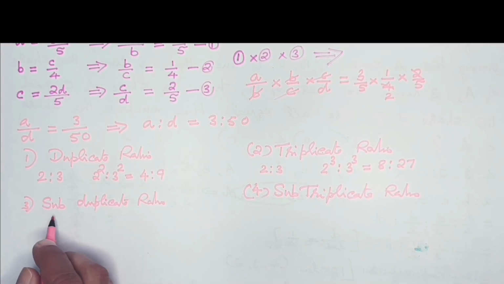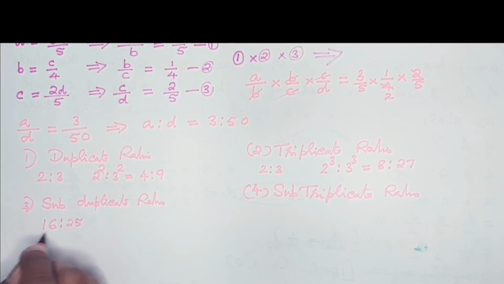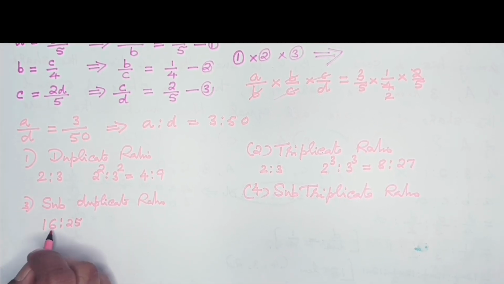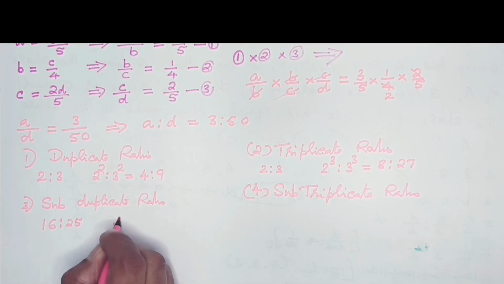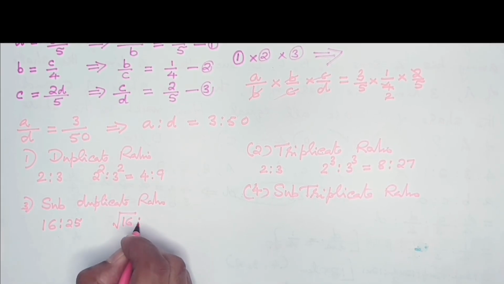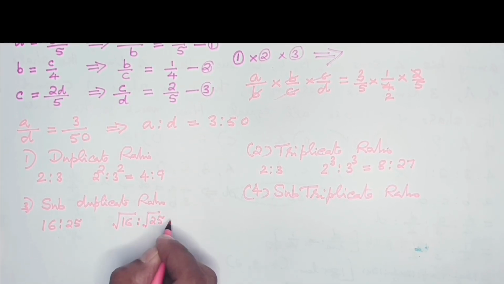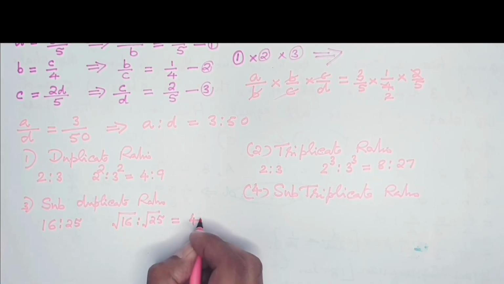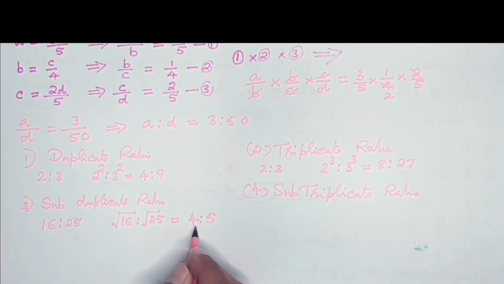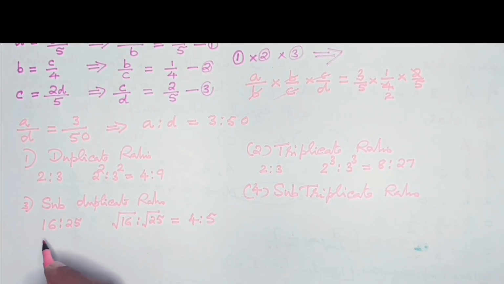Now the definition of sub-duplicate ratio. Let me write a ratio like this. Say 16 is to 25. Now to get the sub-duplicate ratio of this, take the square root of 16 and the square root of 25. That's equal to 4 is to 5. So 4 is to 5 is the sub-duplicate ratio of 16 is to 25.